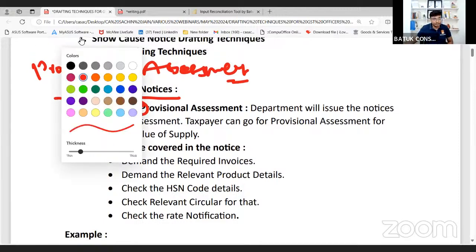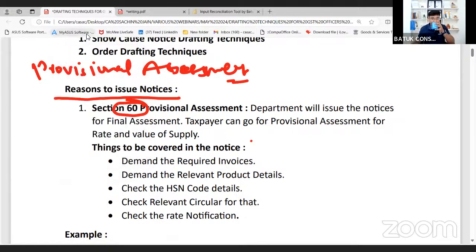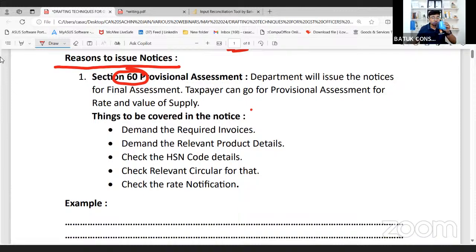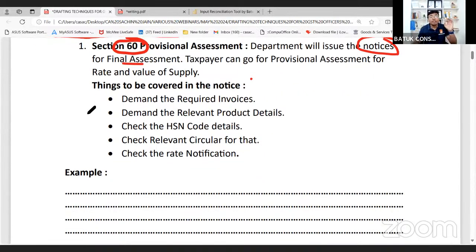Now the departmental authority will issue the notice for the final assessment. So in this case, what are the things which should be part of that notice for the final assessment?